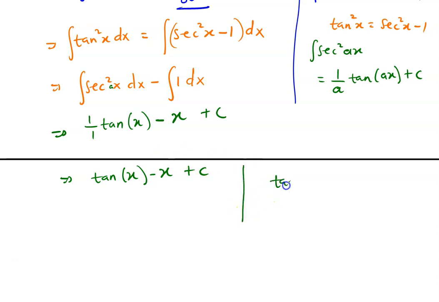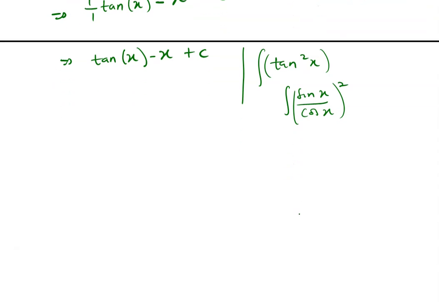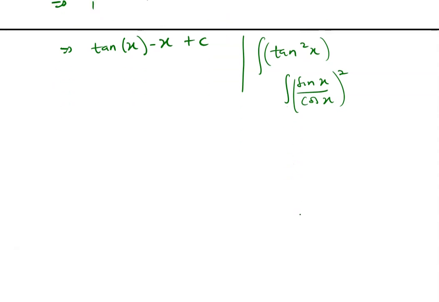If I have the integration of tan squared x, I can say it's the integral of sine x over cos x all squared, which is going to be quite complicated. So if you know the trig rules, it's going to save more time. Try to know the trig rules and be solving questions under it. Then you'll be fine. Let's talk about another example.